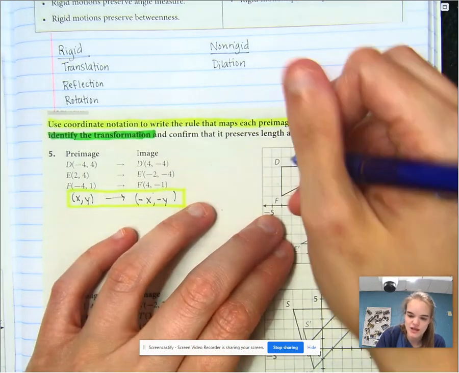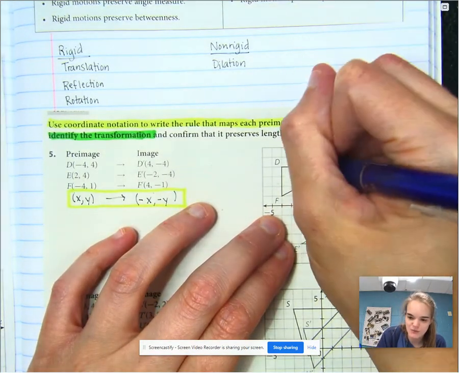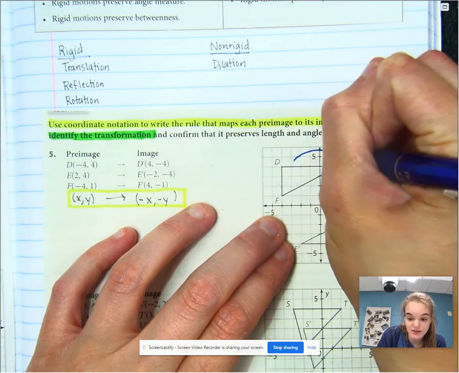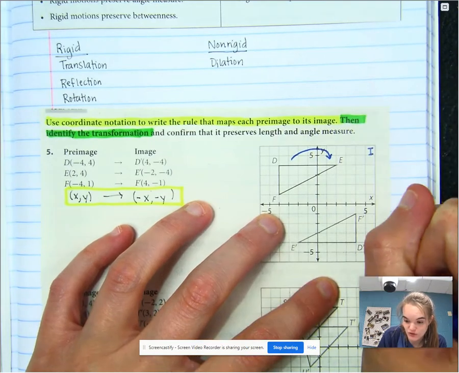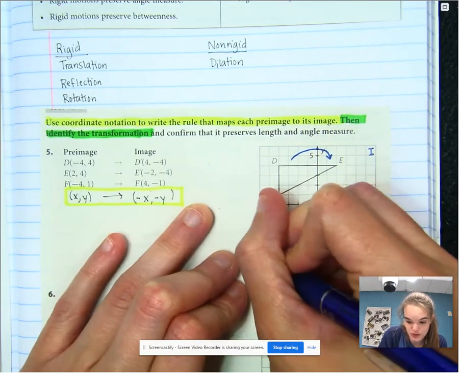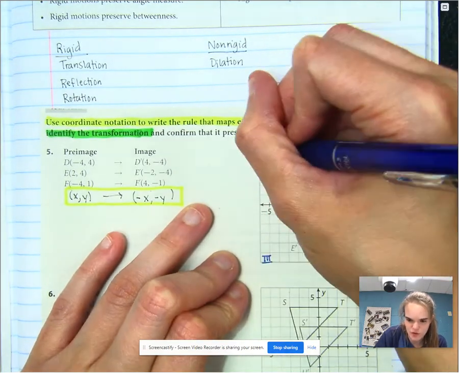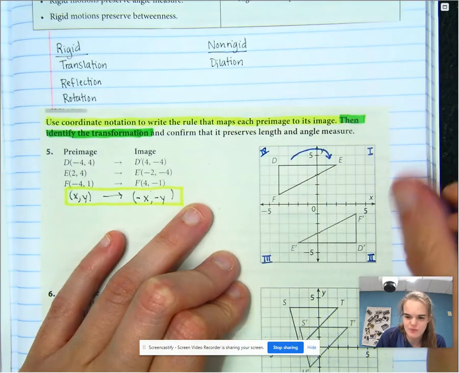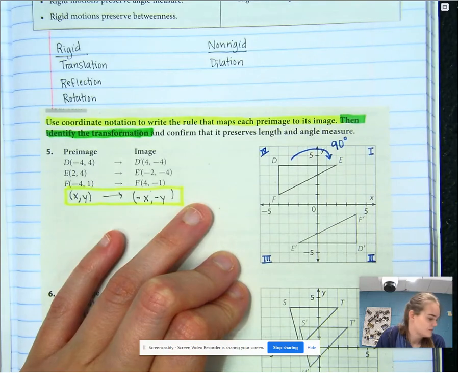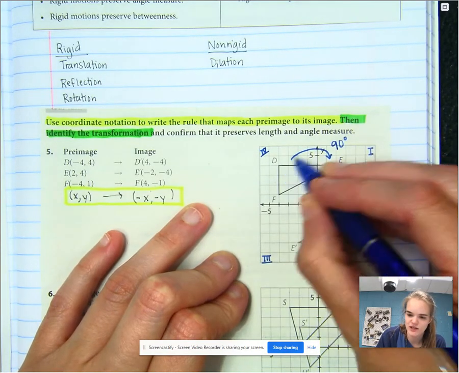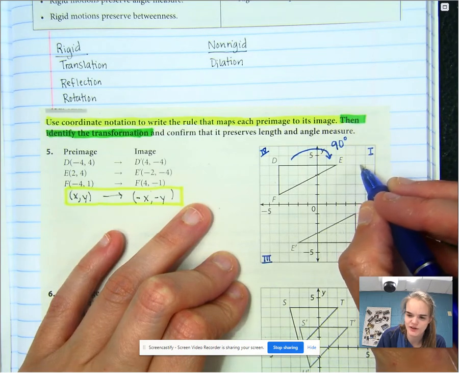Here's how this works. Every time I move to another quadrant, in case you've forgotten what those are, quadrant 1, quadrant 2, quadrant 3, quadrant 4, every time I move to a new quadrant, that's 90 degrees. Okay, so there's 90 degrees. If I moved it here, it'd be about here with D. Well, it's not there.